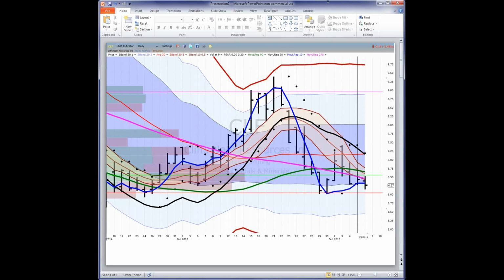Okay, so the first trade frame we want to look at is Cliff. I just love this chart right here. It tells you everything you need to know about my style of trading.